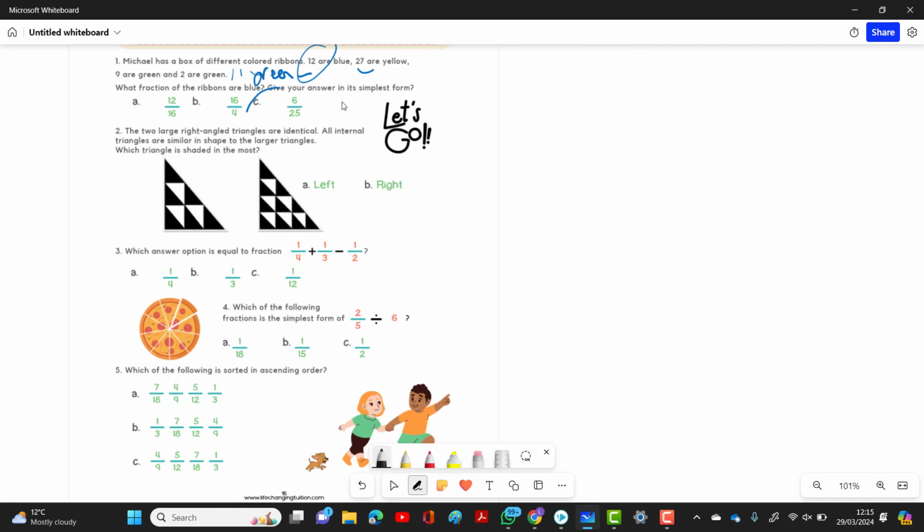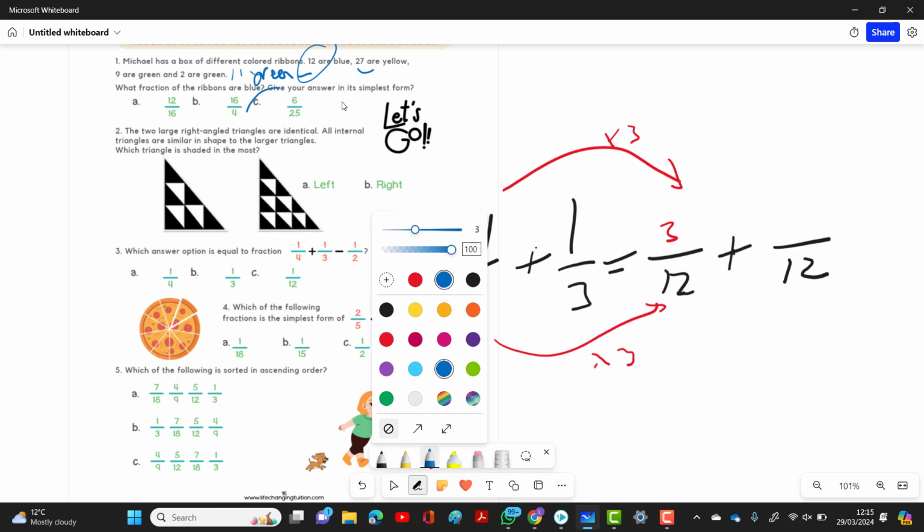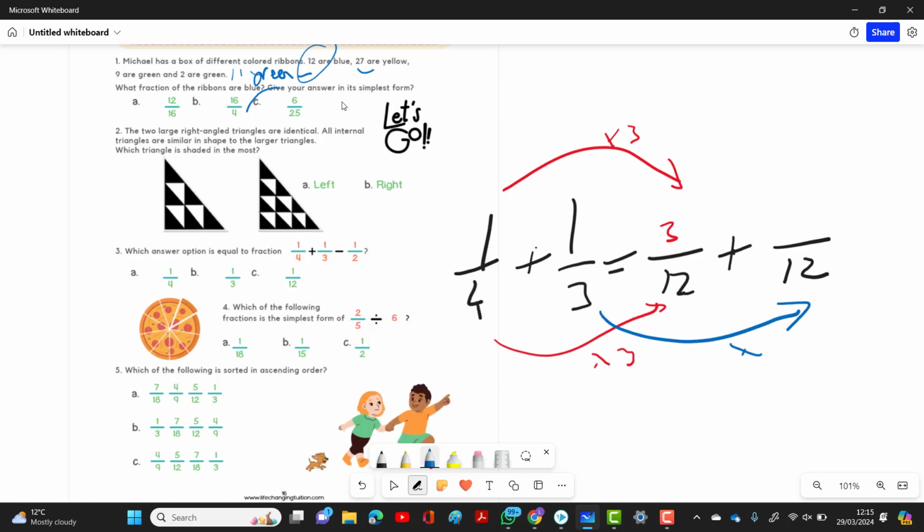Let's do 1/4 plus 1/3 first. Both are in the 12 times table, so I put 12 here. 4 times 3 is 12, so times 3 on top, and in a different colour so we don't get confused, 3 times 4, so times 4. So we get 3 plus 4, and that's 7/12.